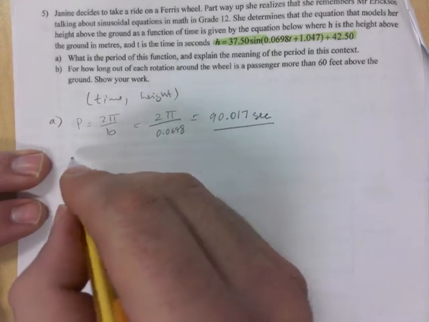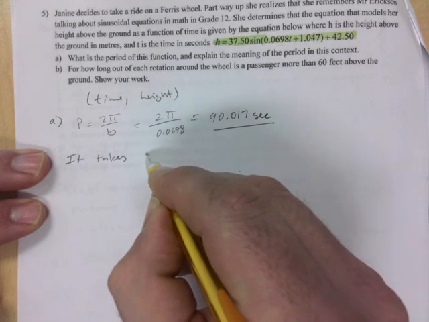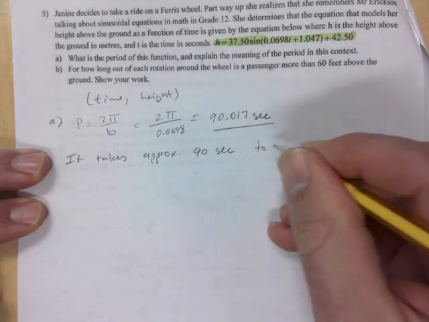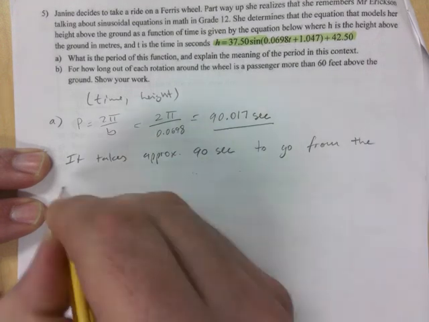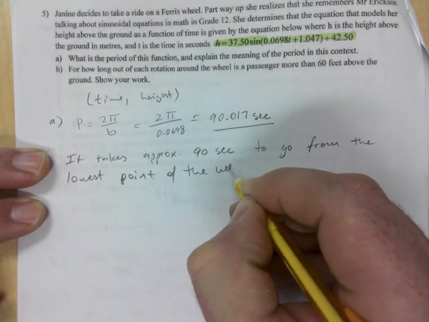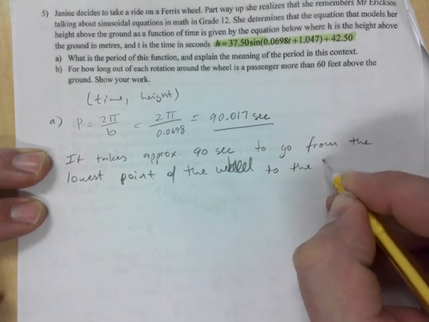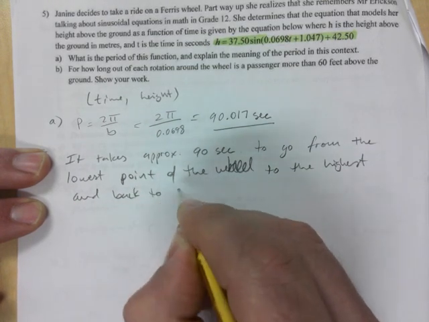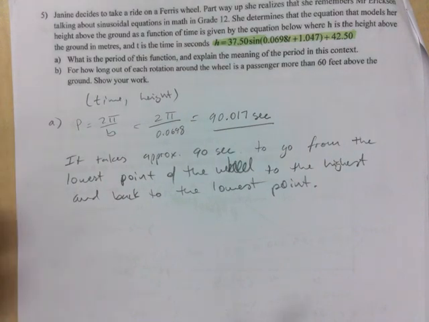The meaning is, right, it takes approximately 90 seconds to go from the lowest point of the wheel to the highest and back to the lowest.